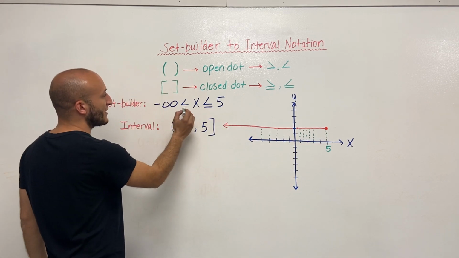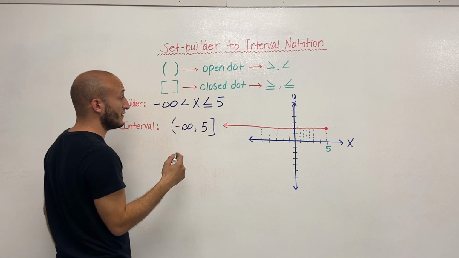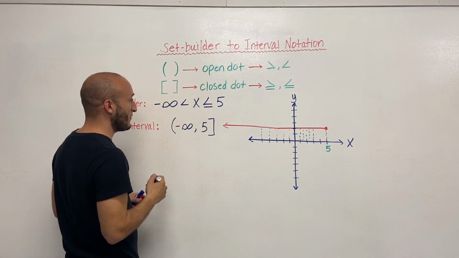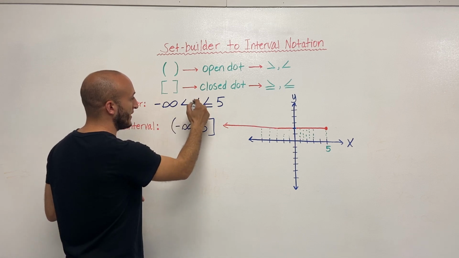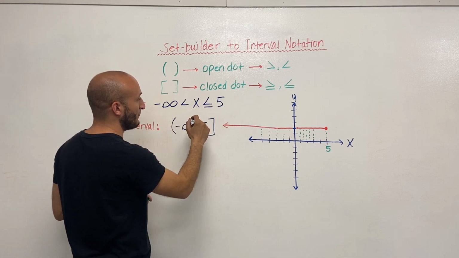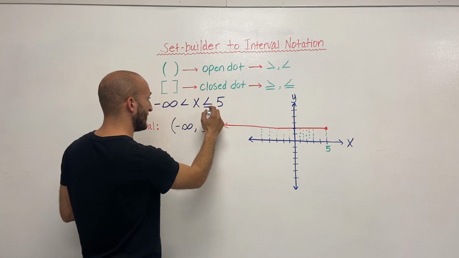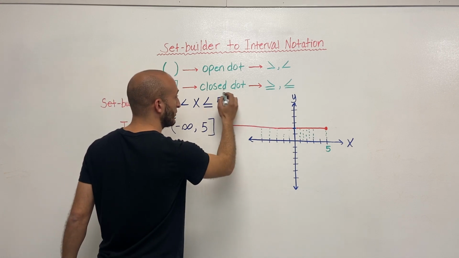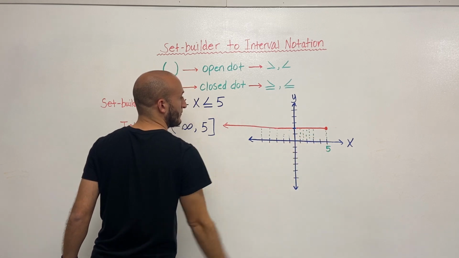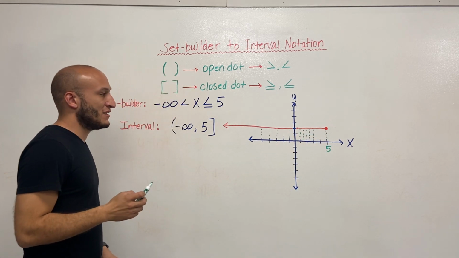Now, I can't actually land on negative infinity, like I've said plenty of times, so I don't put an equal sign. I'll write the x, then I write a less than, and an equal sign. The equal sign is because we have a closed dot. It ends there.